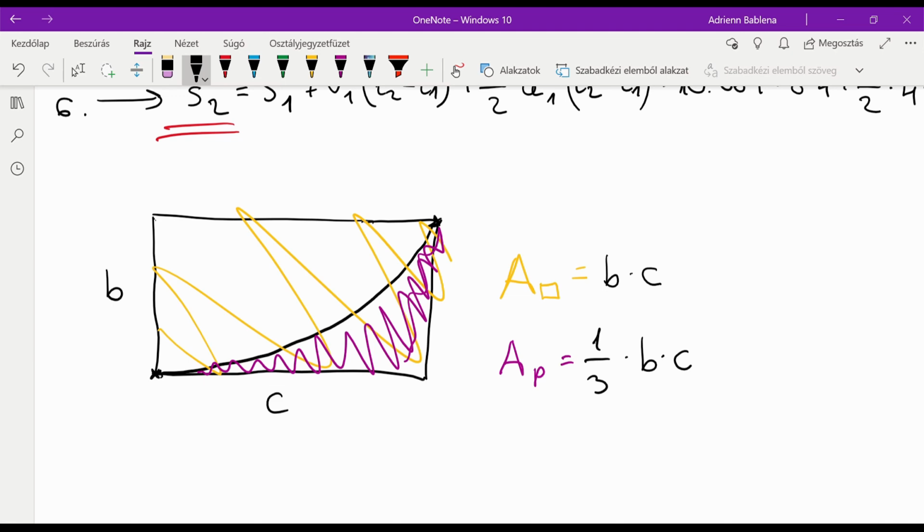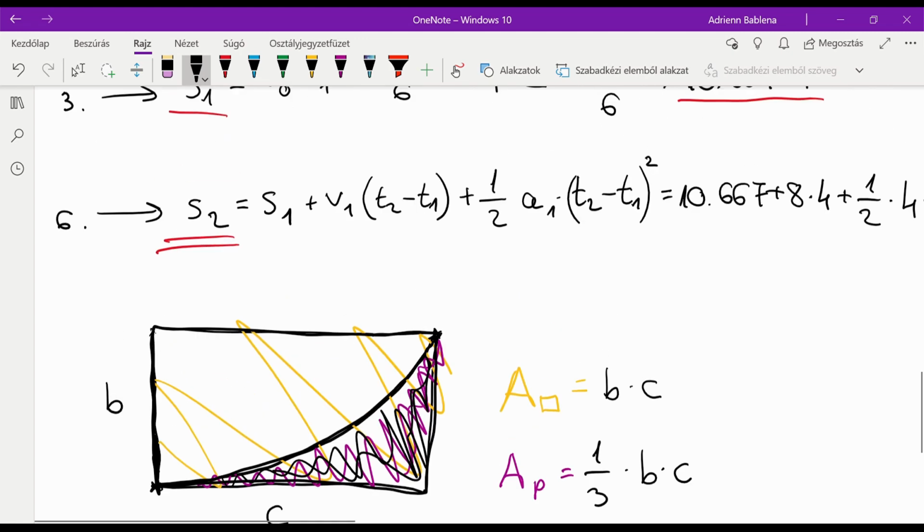So when you see a parabola like this, you can draw a rectangle around the parabola, calculate its area and then divide this value by 3, and that is the area under the parabola.